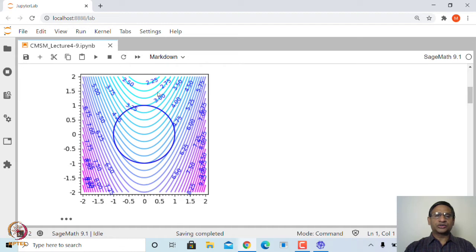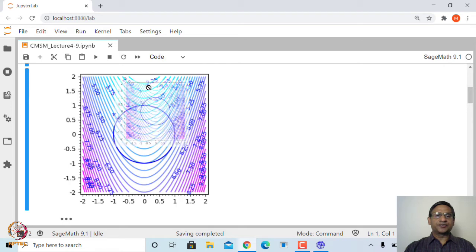Now, what do we want to find? We want to find the maximum value and the minimum value of the function on this unit circle. For example, if I look at this curve for f(x, y) = 3, at this point the value is 3, as we go a little down this function value will increase, right. So, this seems to be a minimum value, and similarly as you come down, this parabola leaves this unit circle.